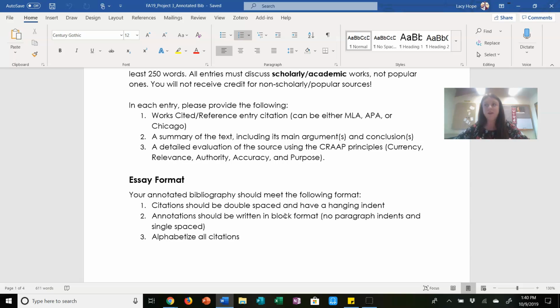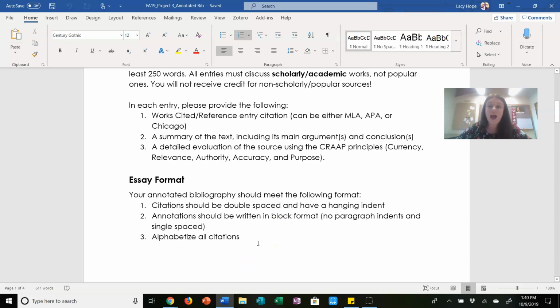So perhaps rather than saying I'm citing Ruth Bader Ginsburg, maybe, if it doesn't have a specific author like the Supreme Court Justice's name, you could say the Supreme Court of the United States, and that is where you would start with, or that's what you would take into consideration when alphabetizing.